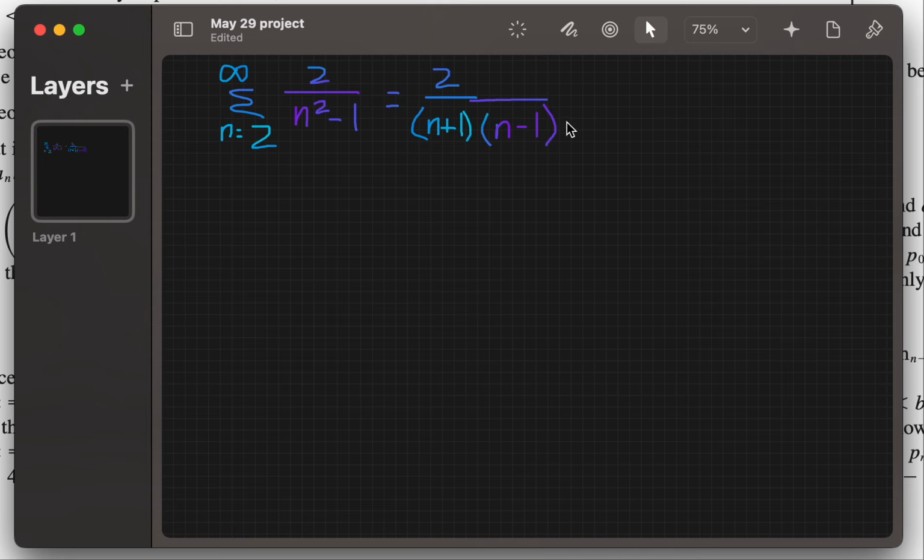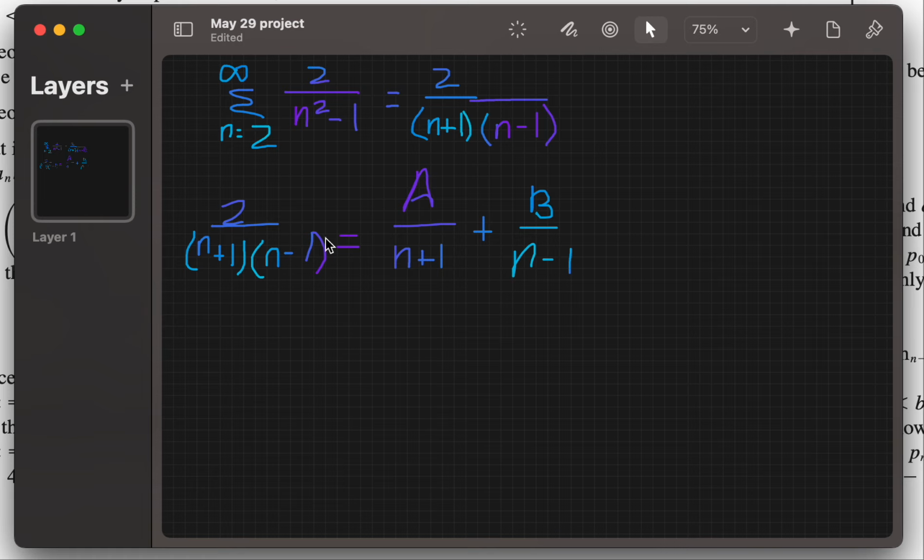So let's see. You have 2 over n plus 1 over n minus 1. And you would decompose this like this: a over n plus 1 plus b over n minus 1.